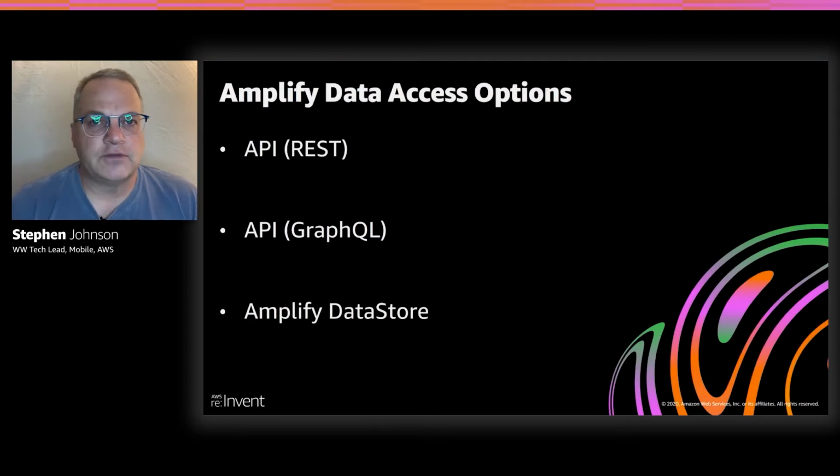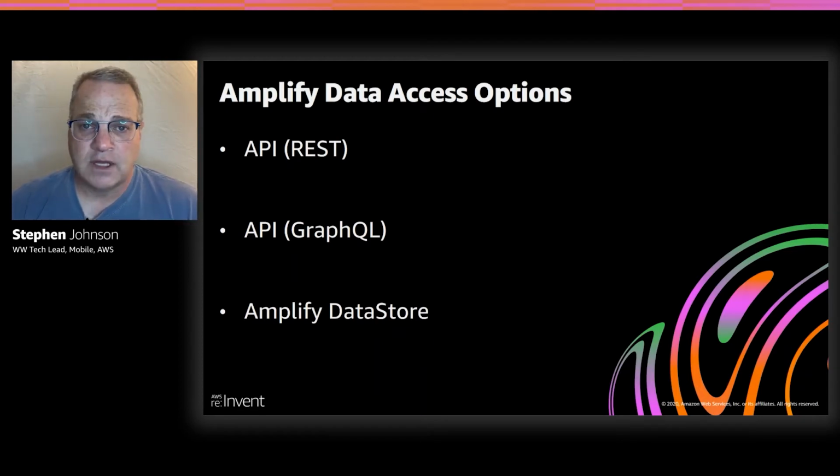So this is a higher level talk. I'm not going to go too deep into detail about what Amplify is, other than to say Amplify is AWS's solution for doing web and mobile development. And in the Amplify suite of tools, we have three basic approaches to doing data access. We have the traditional REST API approach to doing data that's supported by API Gateway.